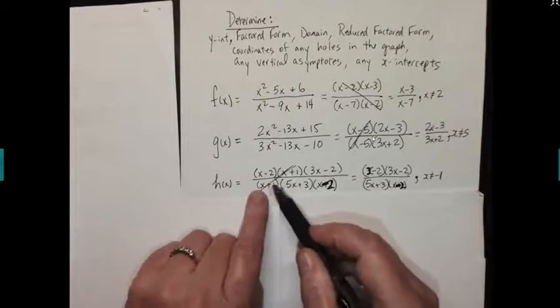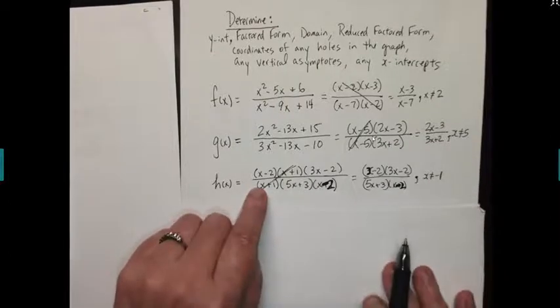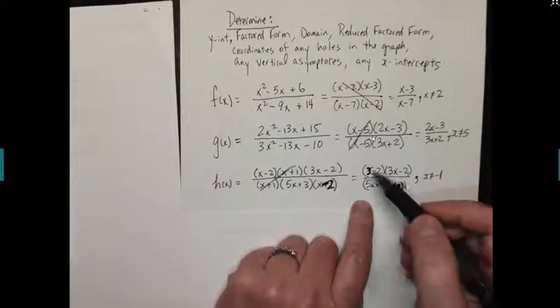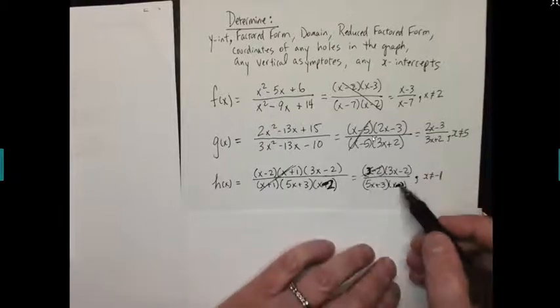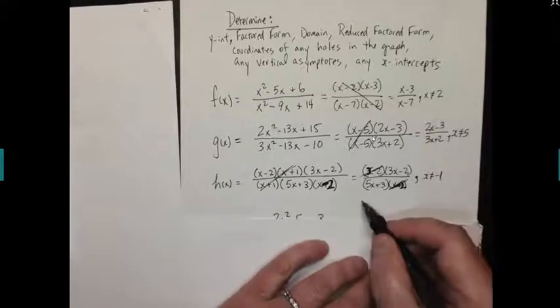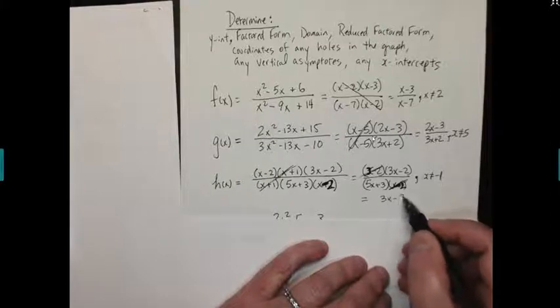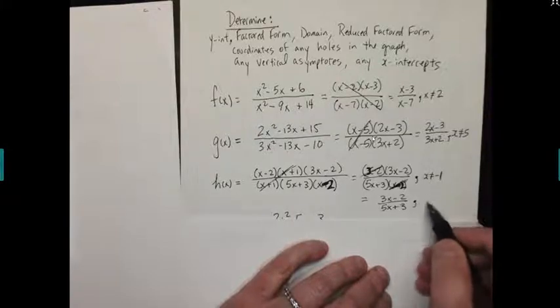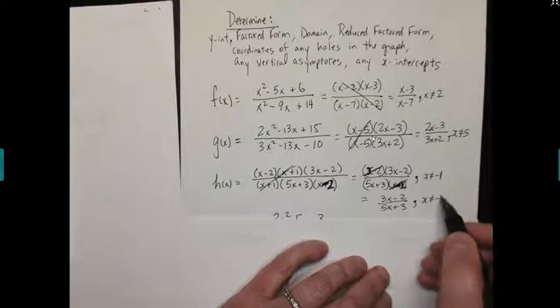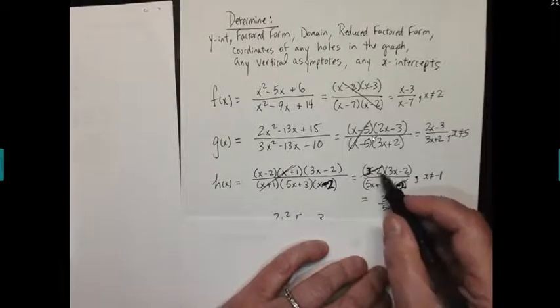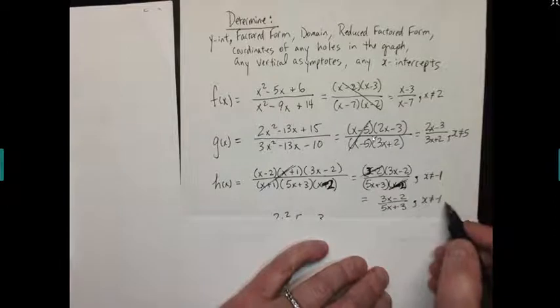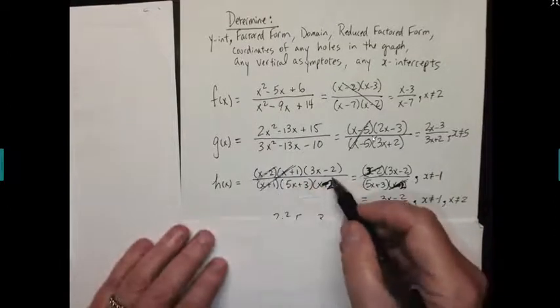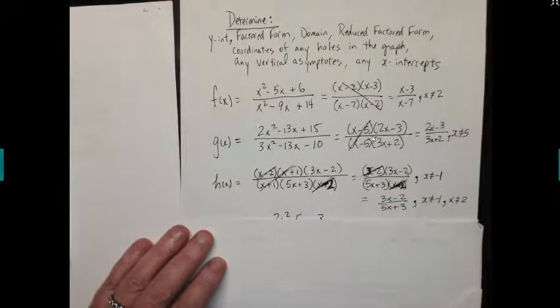I could only make this cancellation if x was not -1, but I can still make another cancellation here. So I have to have that x is not equal to -1, and to make this cancellation I have to have that x is not equal to 2. So we actually had 2 cancellations here.